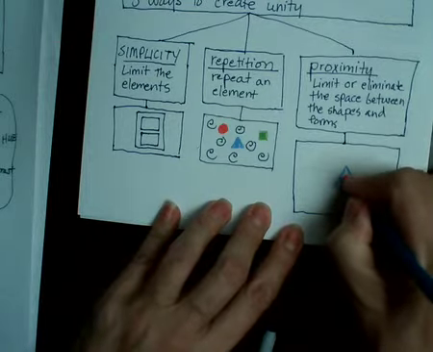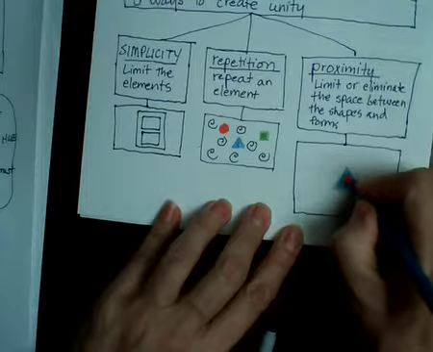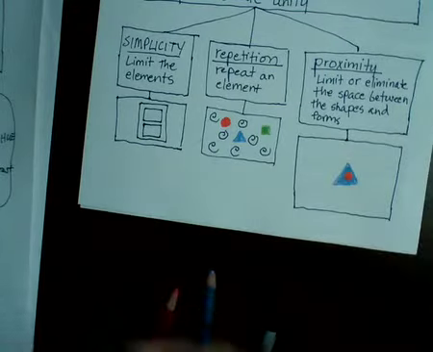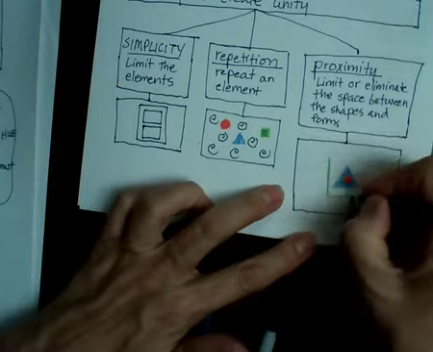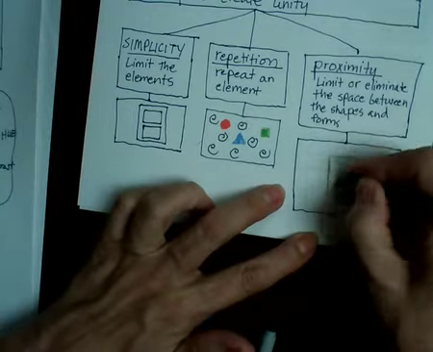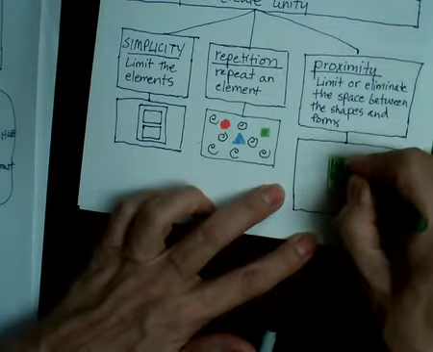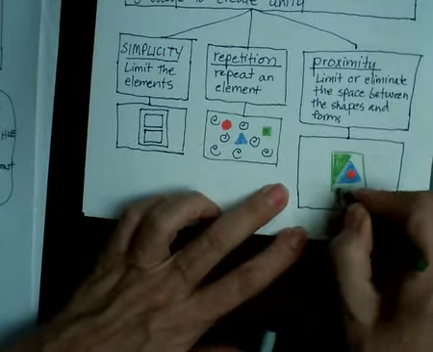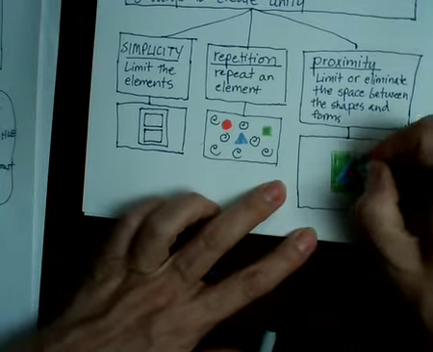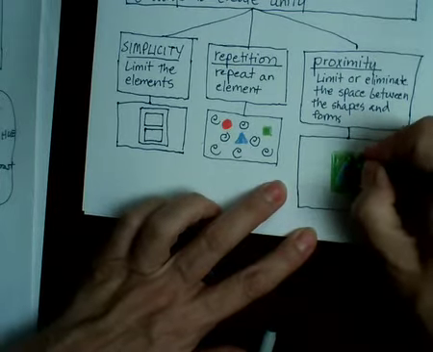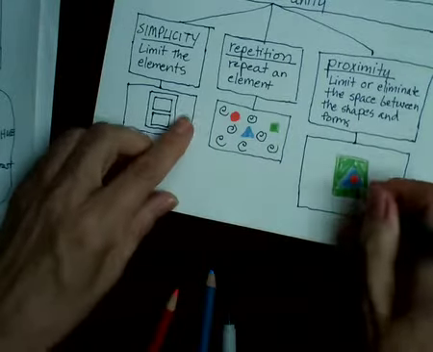So this is what we mean by eliminate. And then I'll add my square. So there's no longer any space between these. And this is a much more unified composition by eliminating all of the space. Same thing, but now it's unified.